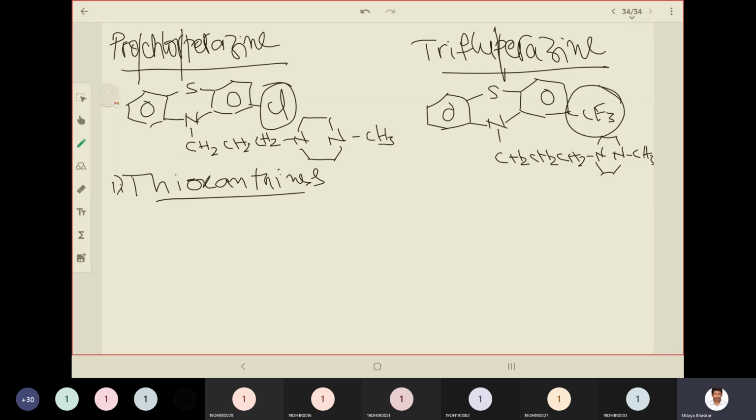In that, we have thiothixene. So, what is the difference here? In phenothiazines, we have sulfur and nitrogen as heteroatoms. Here, the nitrogen is missing, and we have carbon in its place.